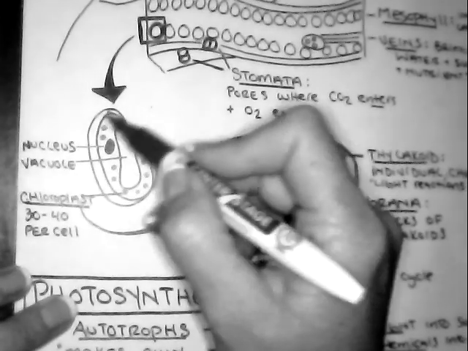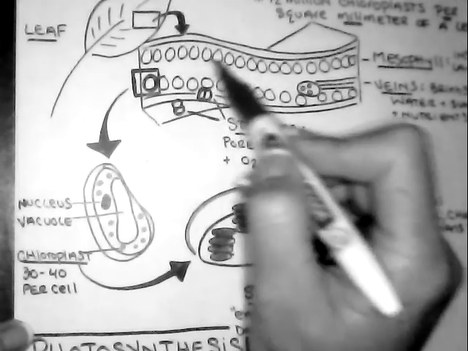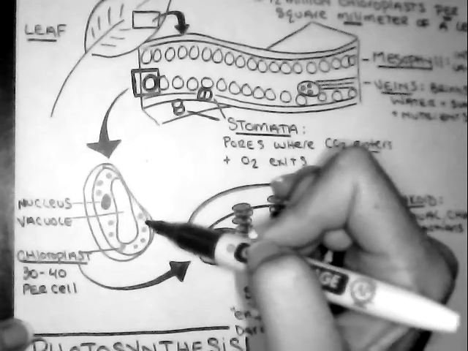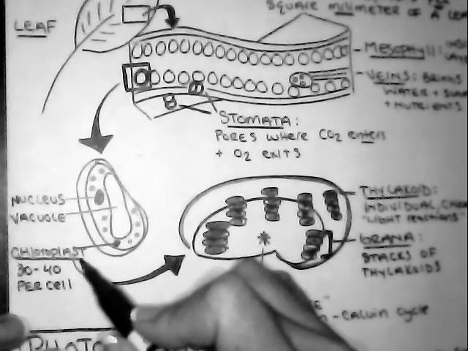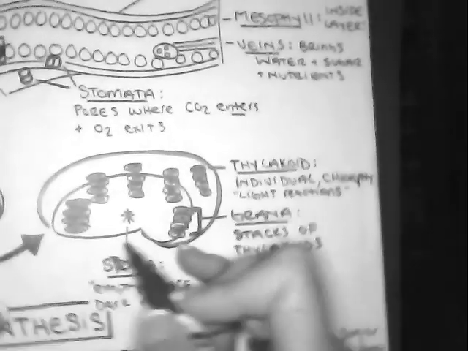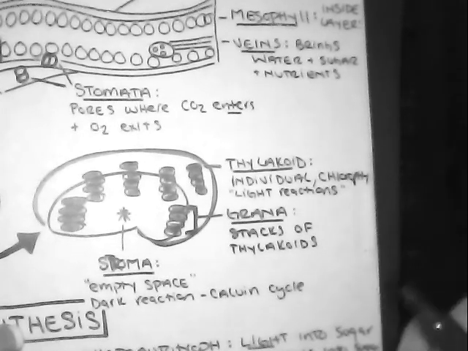Now, if I take this single cell, remembering that inside your leaf you have many cells, and look at just this one little dot, which is your chloroplast, this is what it looks like. Your chloroplast, as we talked about in our mini lecture, is made up of a couple of essential elements.